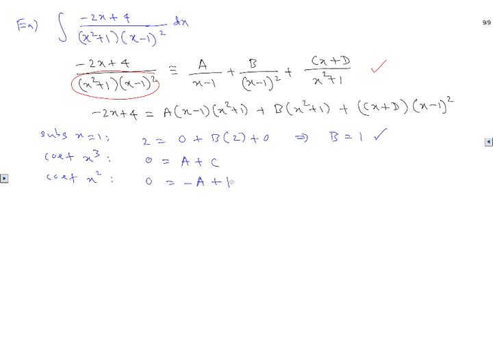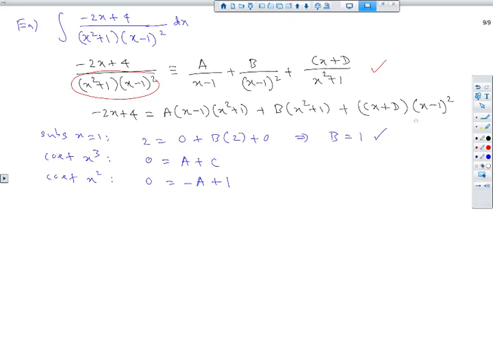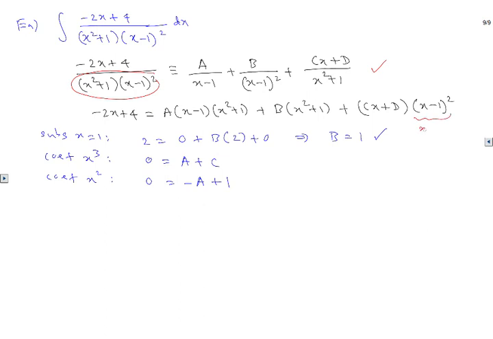And then if you go to the next one, I'm going to write the expansion of this one. The expansion of this one is x squared minus 2x plus 1. So let's think about how to get the x squared term. You get an x squared term if you multiply cx with negative 2x. The coefficient is negative 2c.